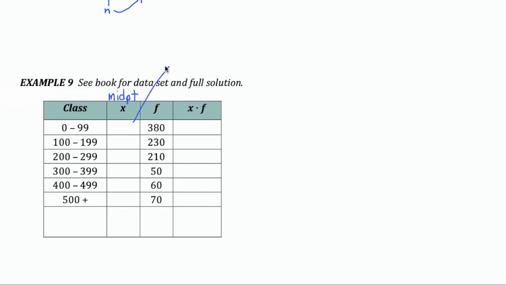So in this first instance, you're going to take 0 and add 99, divide it by 2, and you'll get 49.5. And that's going to be your representative piece of data for this class. You would continue finding the midpoint of each class the same way.